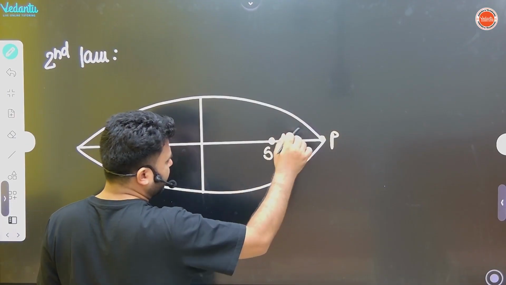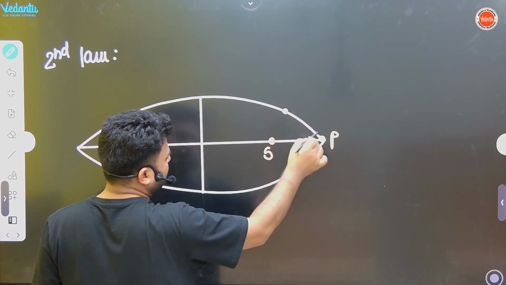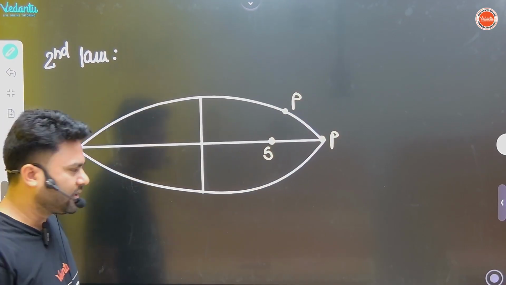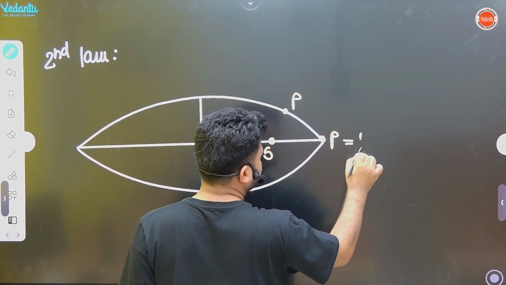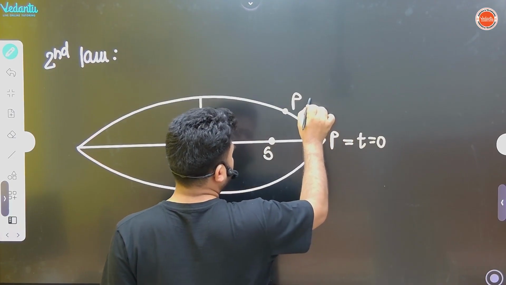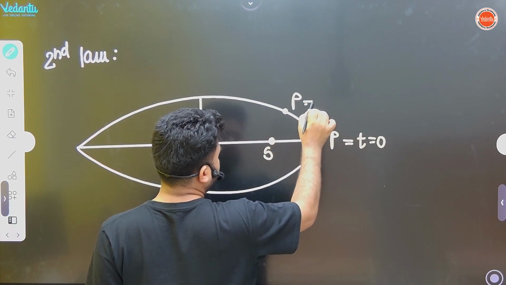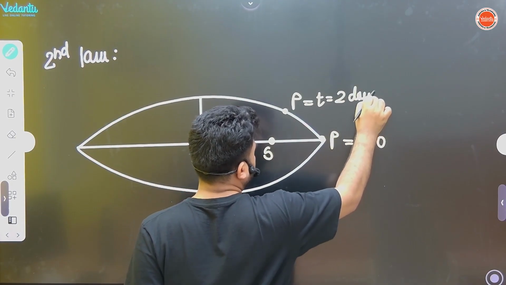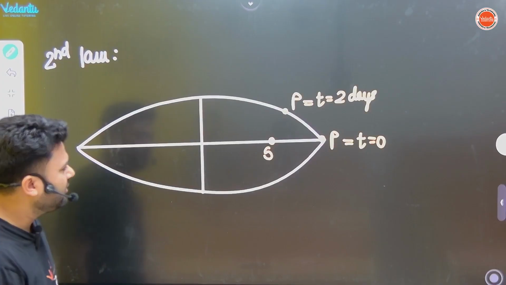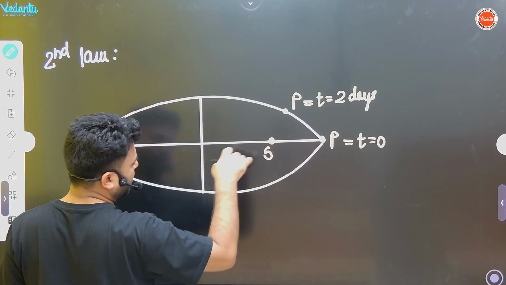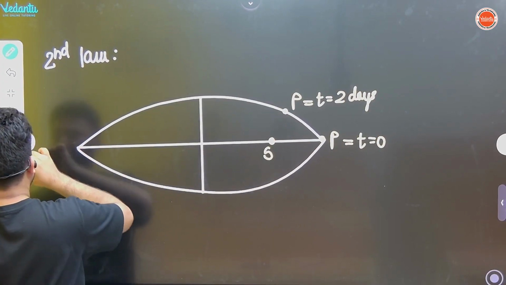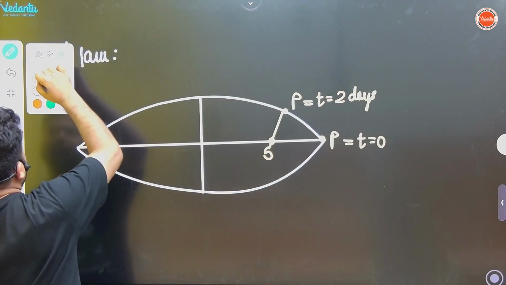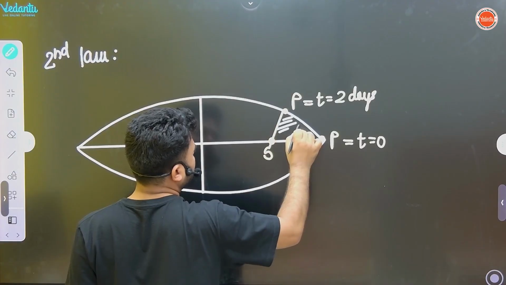Suppose in 2 days, for example, this planet moved from here to here. So this is t equal to 0, and here is t equal to 2 days. They calculated this area. They connected first this point to the sun, and now this point to the sun, and they were talking about this area.